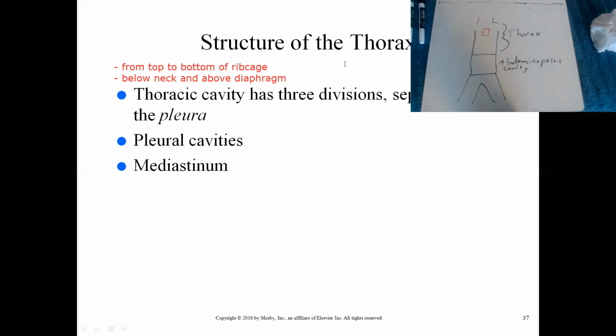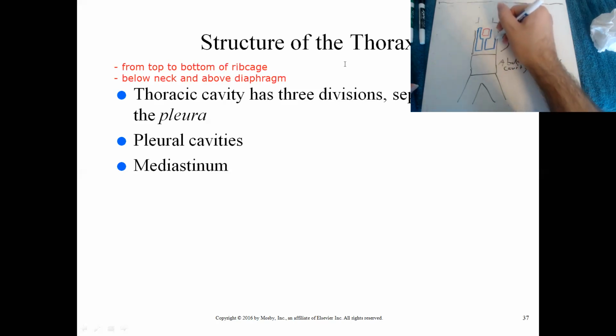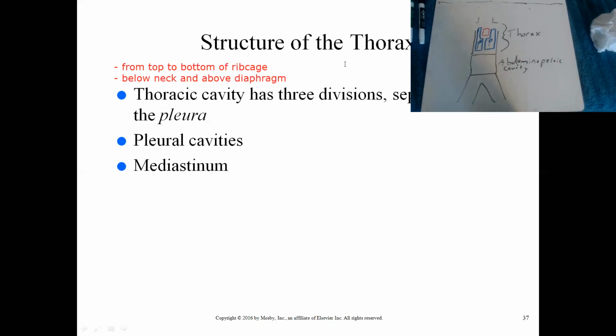So there's a cavity there. I'll put 2 cavities on either side in blue. Put the letter P inside them. And letter M inside the red one in the middle. So 3 cavities.